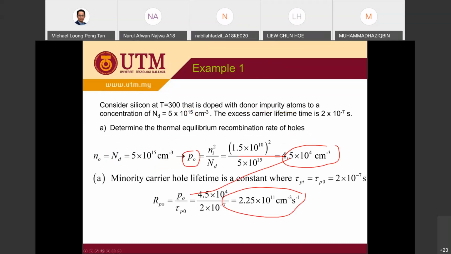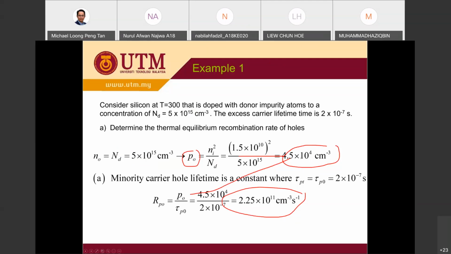The first part, like I said, is just like a compensated kind of equation. N_A is not given. So N_D is equal to 5. Then you use the intrinsic concentration, n_i squared divided by N_D, to get p0. So now you've got these two terms, n0 and p0. Now you want to calculate the excess carrier lifetime for holes.